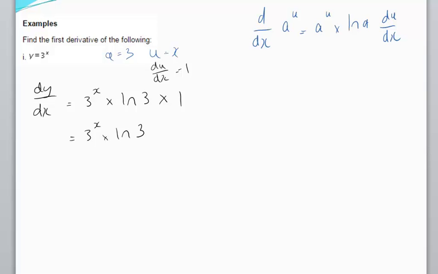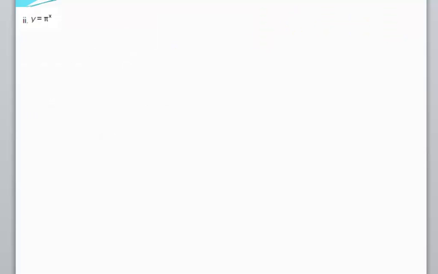So moving to our next question here, we've got y is equal to pi to the power of x. We'll start again, we'll write out our formula here. d on dx of a to the u equals a to the u multiplied by natural logarithm of a du on dx here.